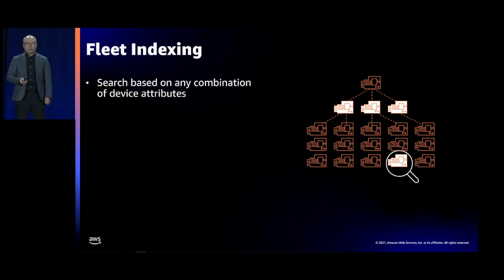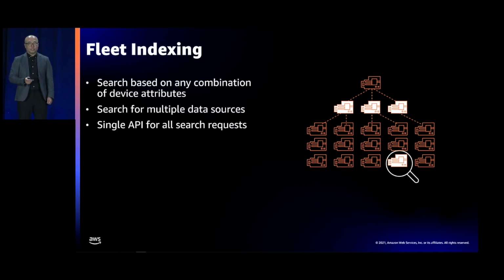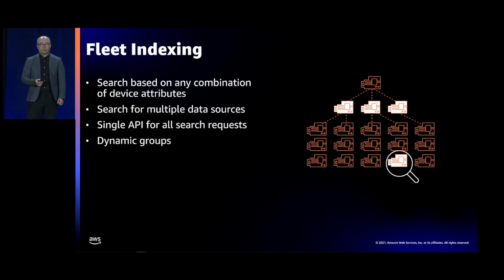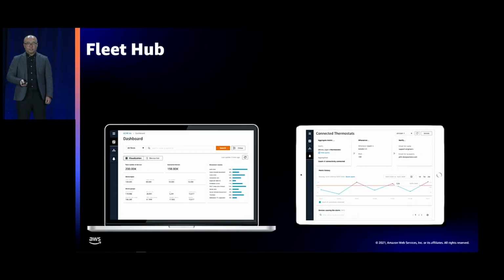For example, you can find all devices manufactured after 2013 with firmware version 1.2 that are currently connected. You can also automate your device organization with dynamically updating groups of devices based upon queries. For example, you can group all hardware version 1.1 light bulbs that are in New York. And you can also use aggregation groups.